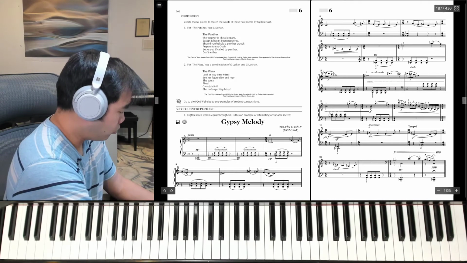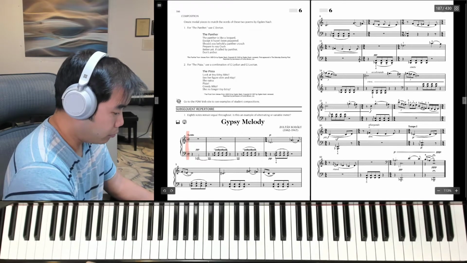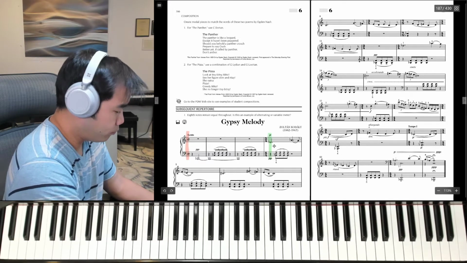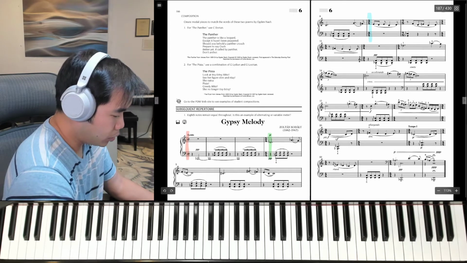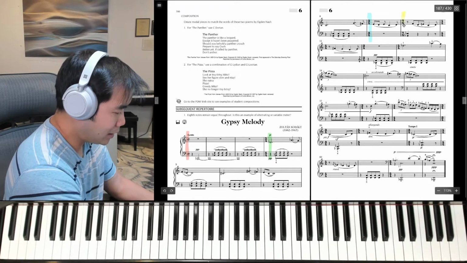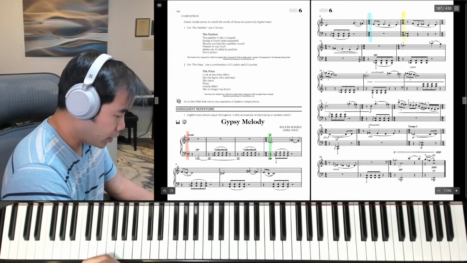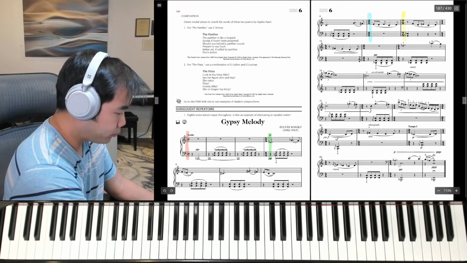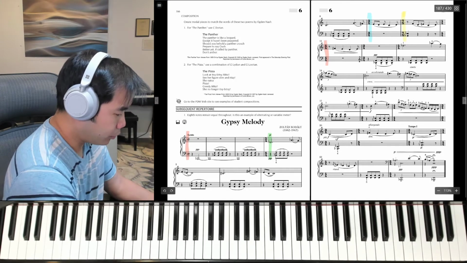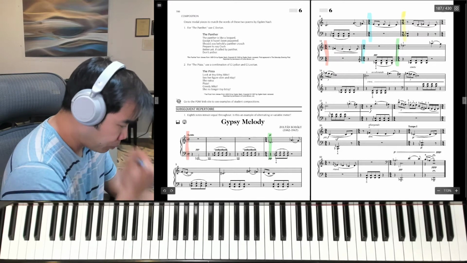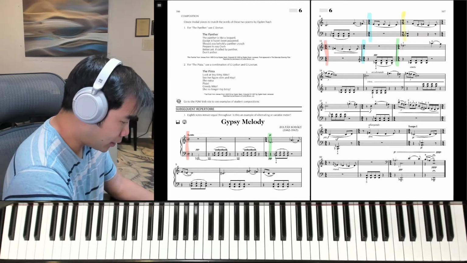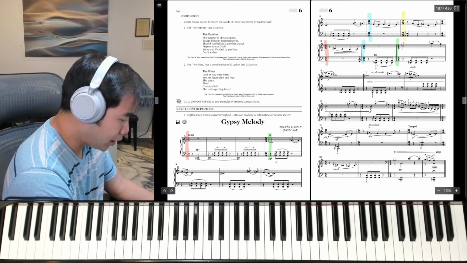We start in 4/4, then we go to 5/4, then we go to 3/4, and then we go to 7/8 time, then back to 4/4 time, back to 3/4 time. It's all over the place. Back to 5/4 time. Look at that. And we stay in 5/4 time until we go back to 3/4 time.